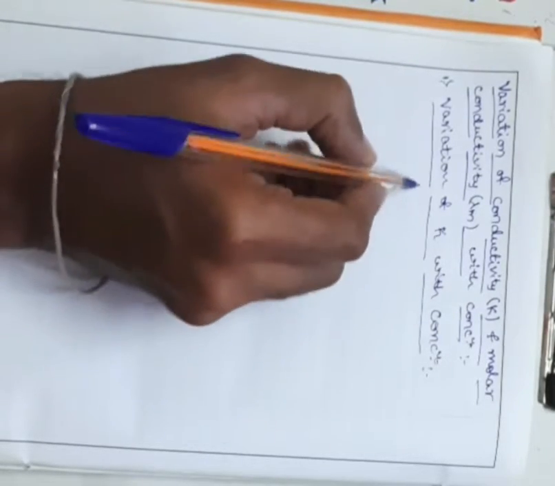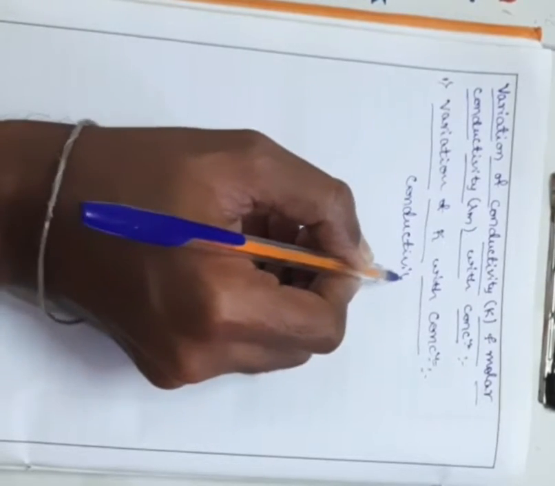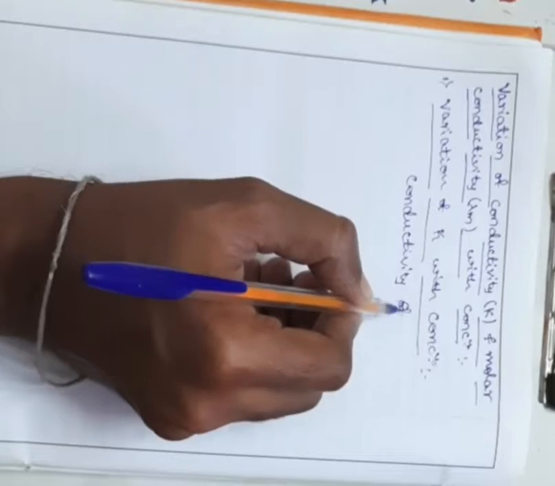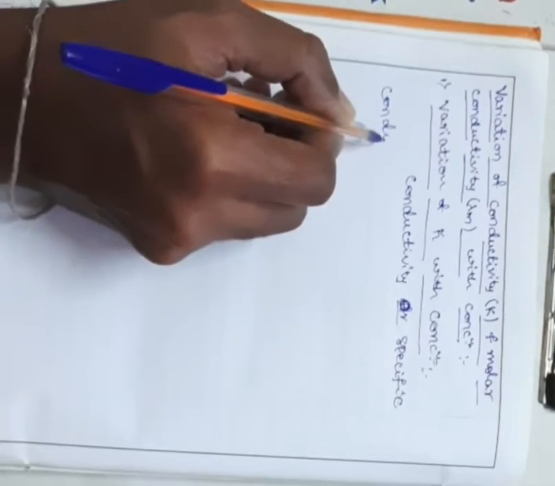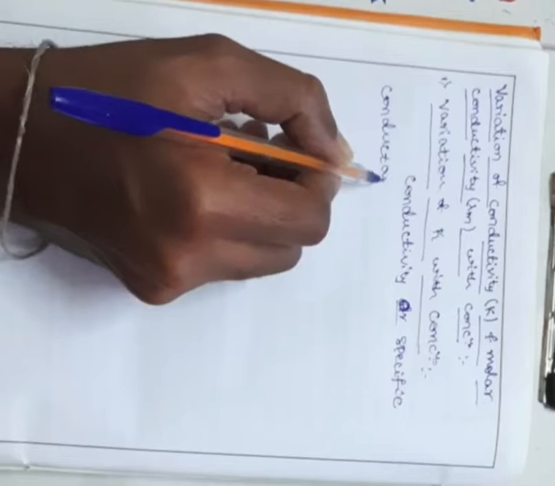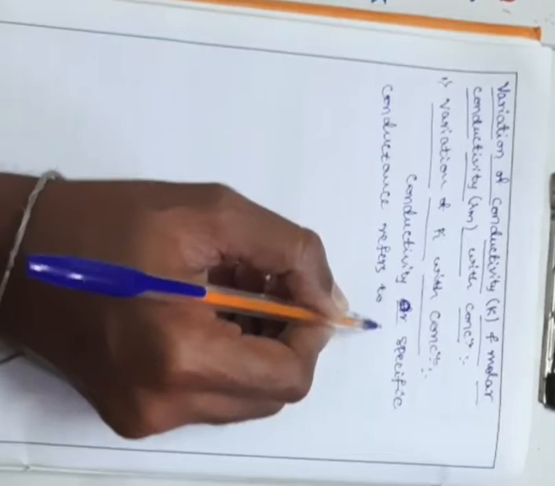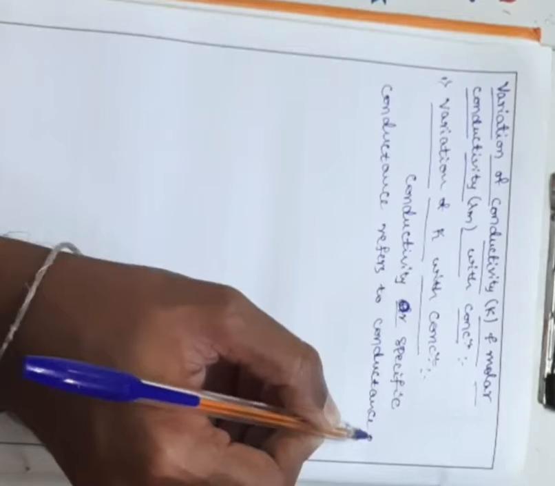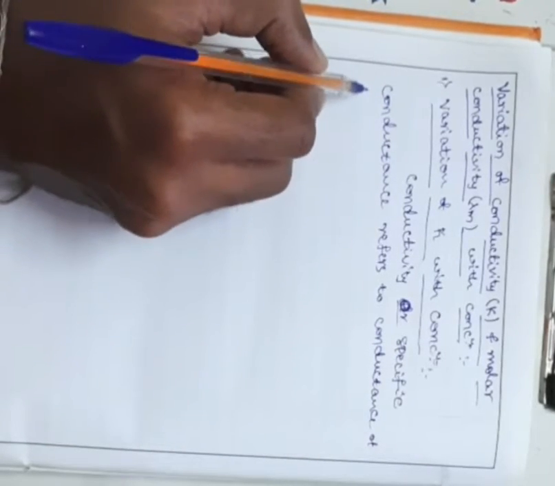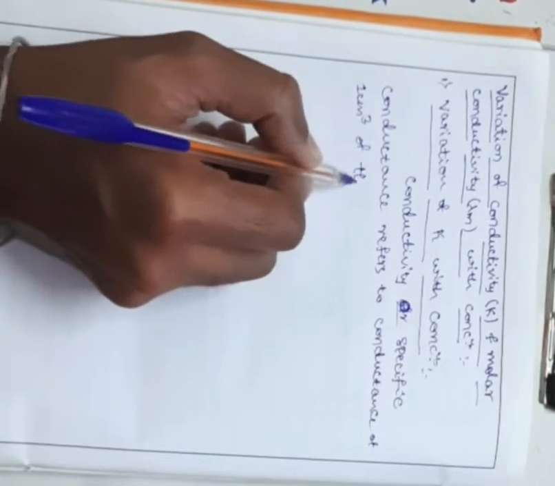Conductivity, or specific conductance, refers to the conductance of 1 cm cube of the electrolyte.